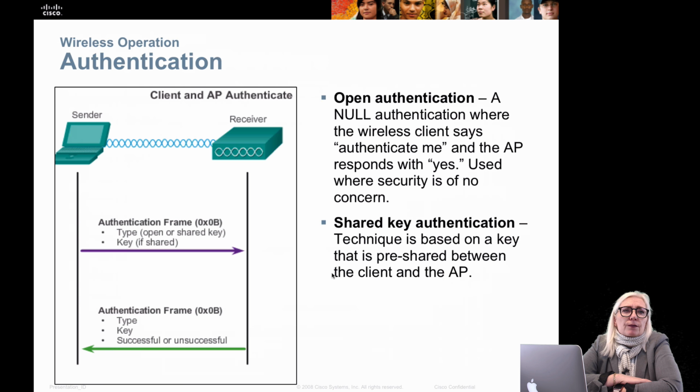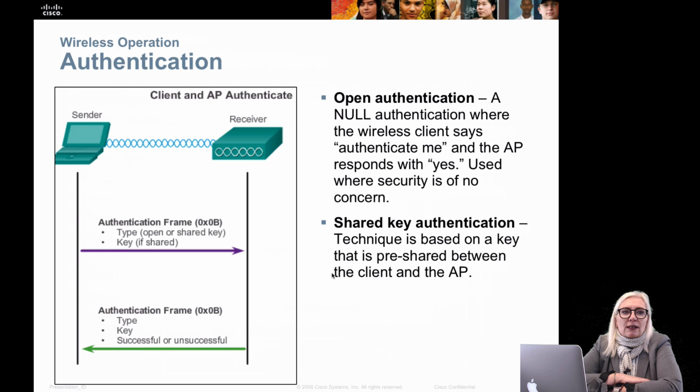So what happens here is that when a sender starts or wants to send something, we open up with the authentication, where the client says, authenticate me, and the AP responds back, yes. And if there is a shared key, we will send that along.